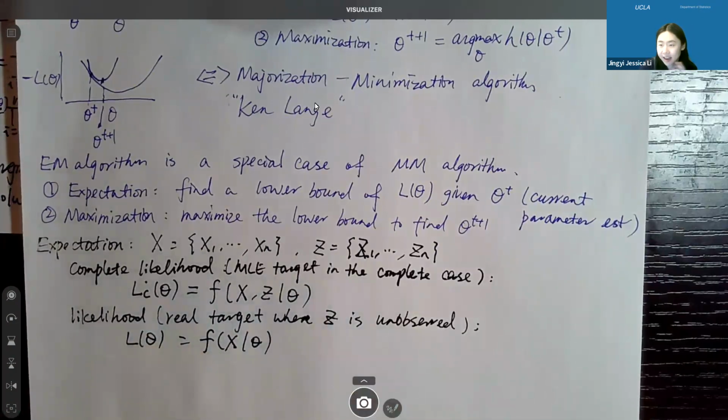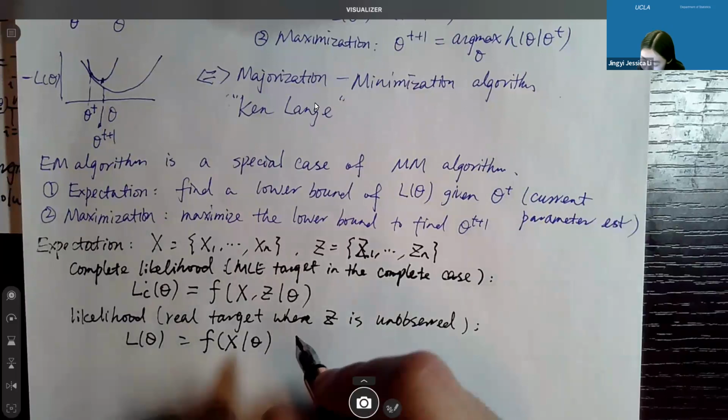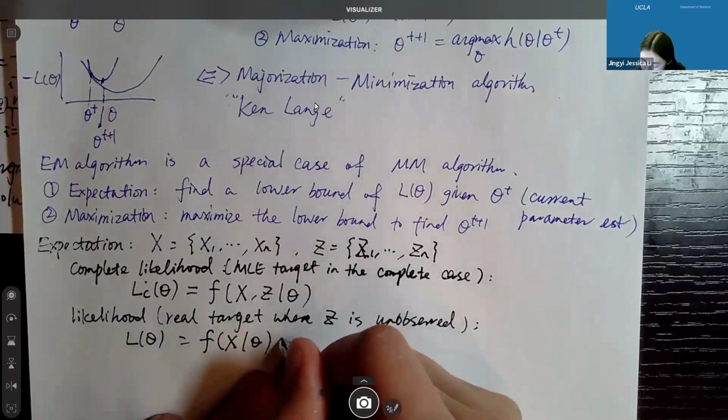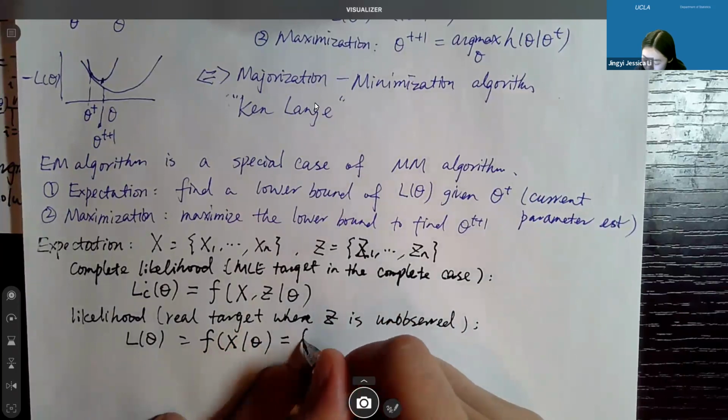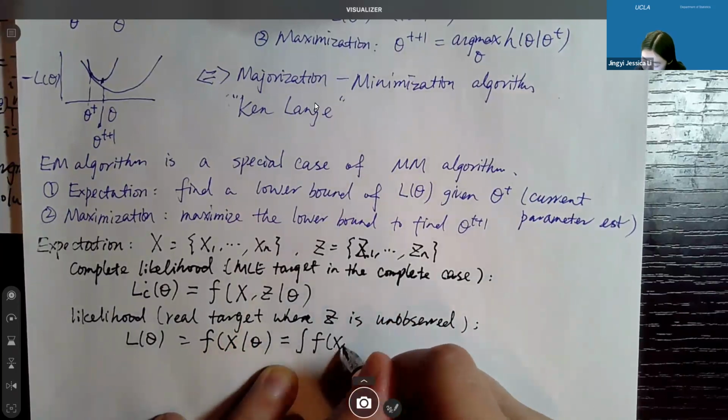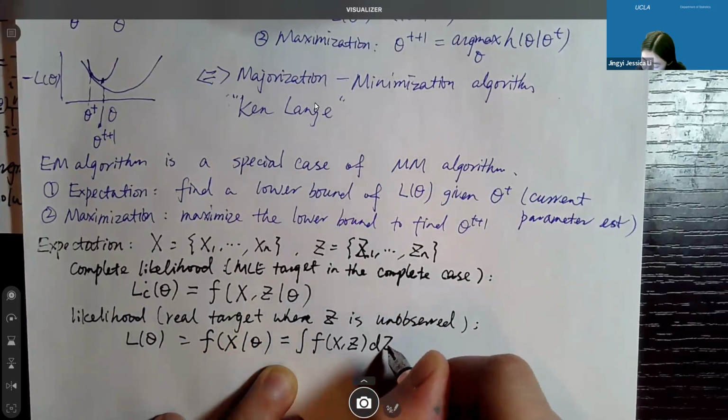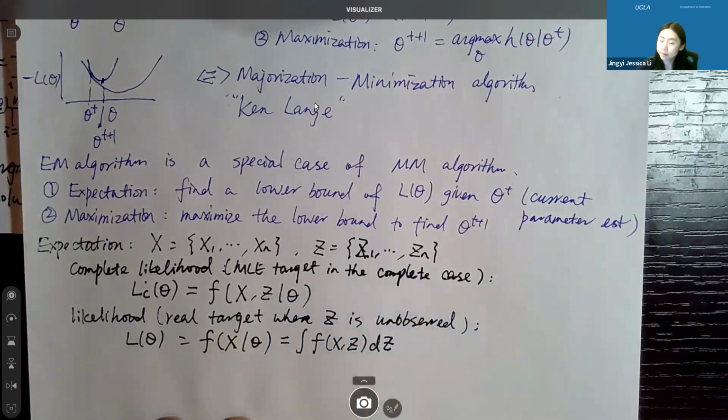Okay, so as I said, we could always write this as a sum, integrating out the z. But another step we can go further is that we can write it as an expectation over z.